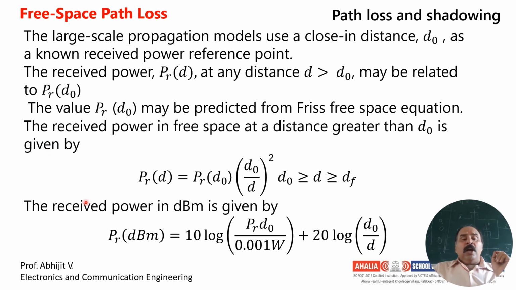The value PR of d naught may be predicted from the Friis free space equation. With the Friis free space equation, we can predict short distance power. What is the Friis free space equation?